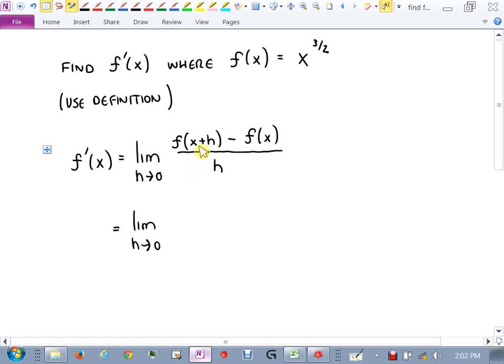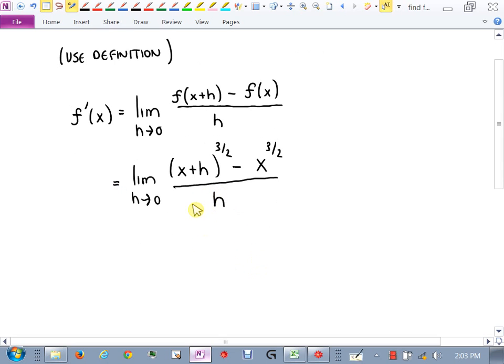Now, when I plug x plus h into this function, I just get x plus h raised to the 3 halves minus just x to the 3 halves, right? All over h. And what I'm hoping to get here is an h to cancel, right? Trying to.